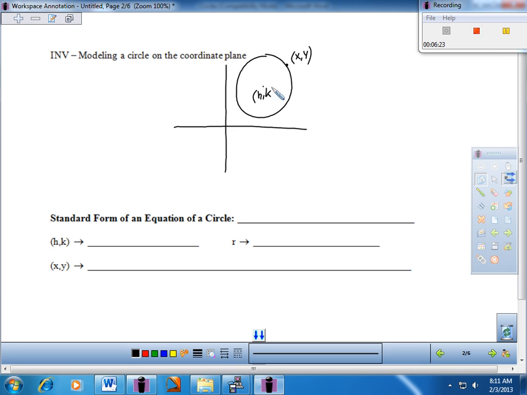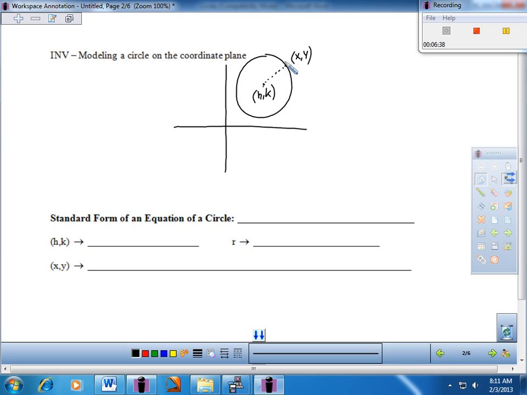And by the way, this is h and k. And you're going to see a lot of h and k coming up over the course of this unit. So h and k for circles will represent the center. And then, based on the definition, we basically know that the x's and y's are equidistant from that fixed point. That's how we came up with our definition, and we're going to stick to that piece to formulate the algebra.